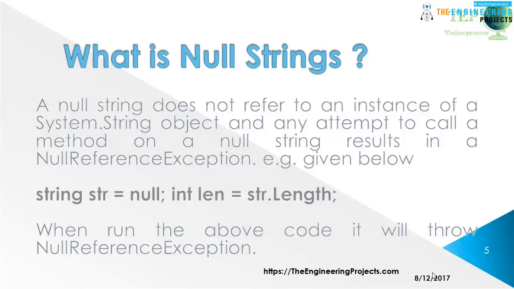For example, string str is equal to null, int len is equal to str.Length. When you run the above code, it will throw a null exception because there is no length of a null string.